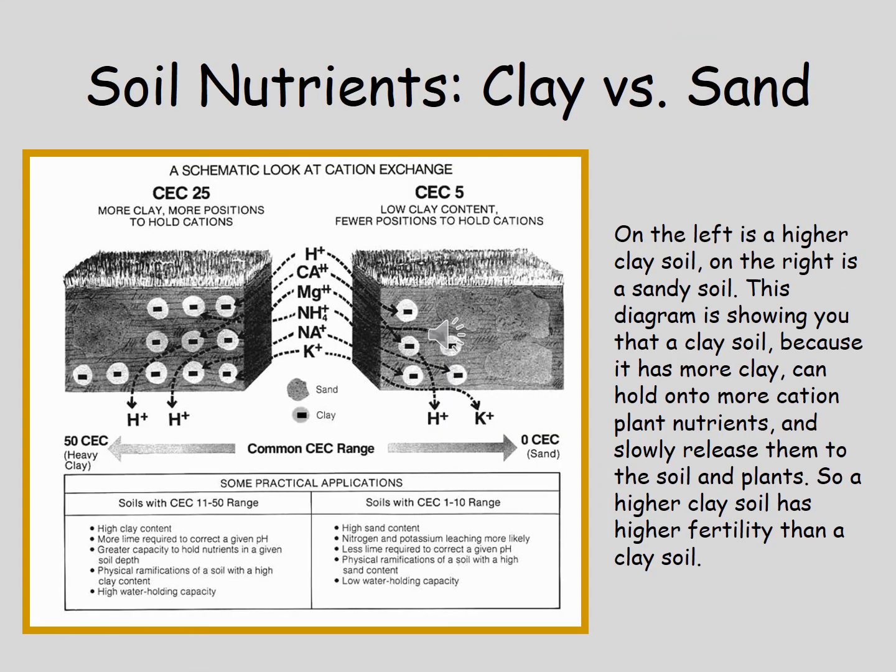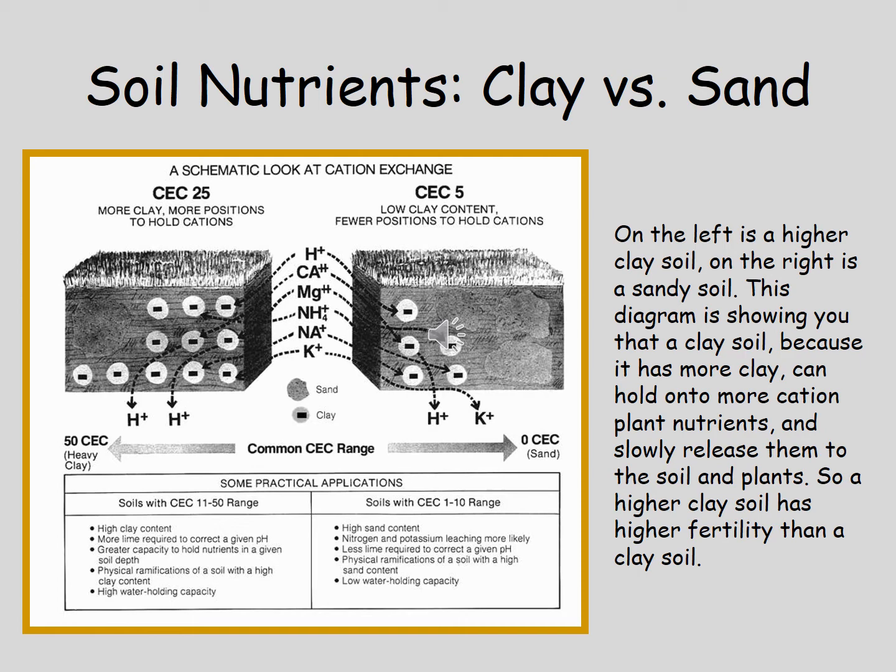This slide shows you a comparison of the cation exchange capacity of a clay soil and a sandy soil. On the left, you have a heavy or high clay content soil. It has lots of clay particles, which have lots of negative charges, which can attract all of those positive cation nutrients seen in the middle between those two blocks: calcium, magnesium, ammonium, sodium, potassium.